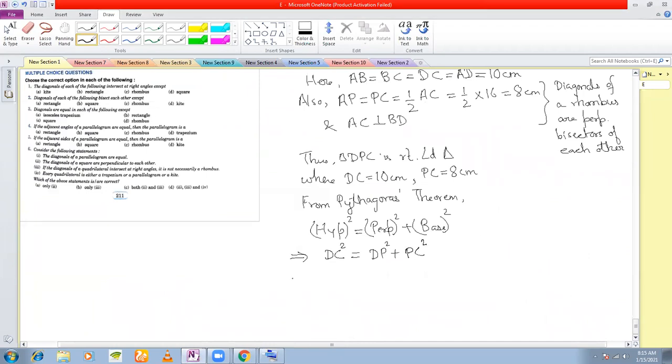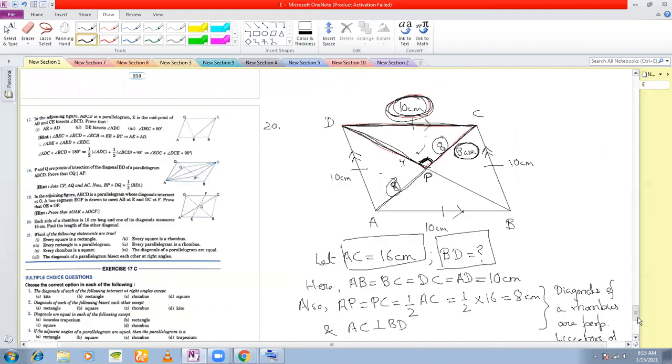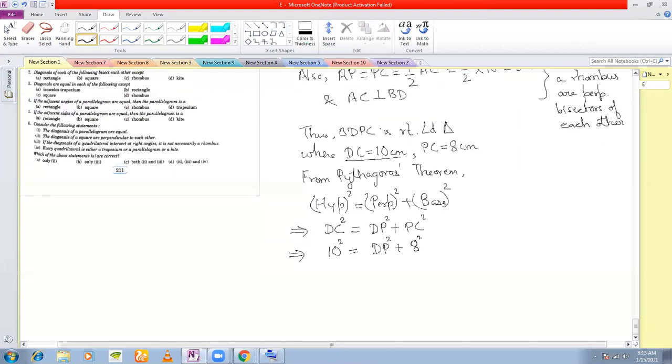Okay. Now just put the values. What is the length of DC here? 10. DC square is 10 square. Now the length of DP we need to find out, DP square. And the length of PC here is 8. Now we can easily find out the length of DP. 10 square is 100, equals DP square plus 64.